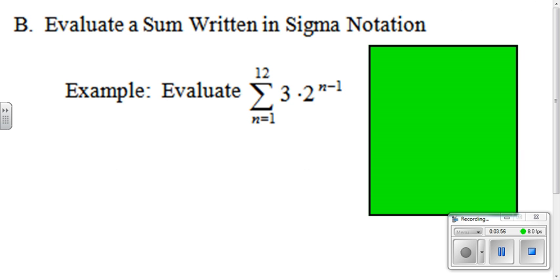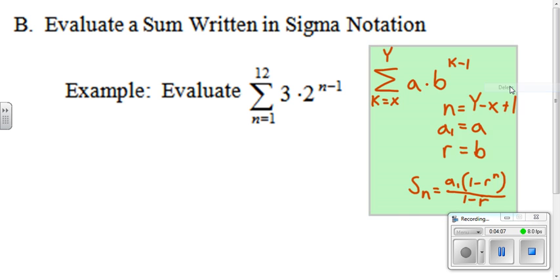Awesome, so let's move on from there. Our sigma notation that we learned from the arithmetic sequences holds up as well. We can still do things in sigma notation. So let's see exactly how those work out.